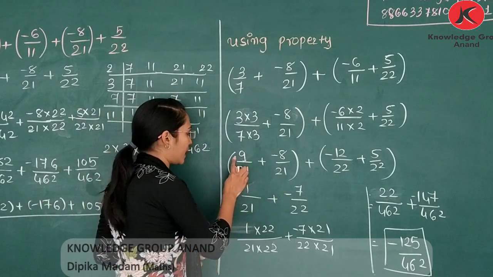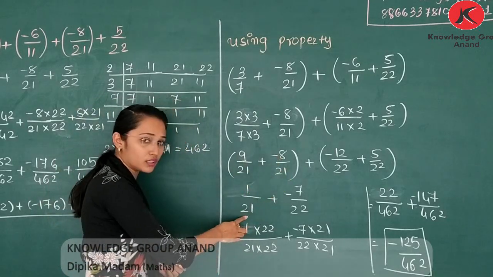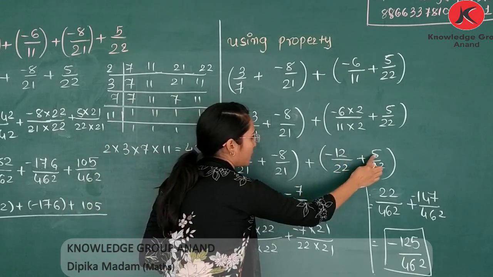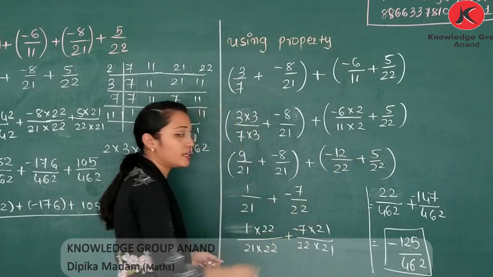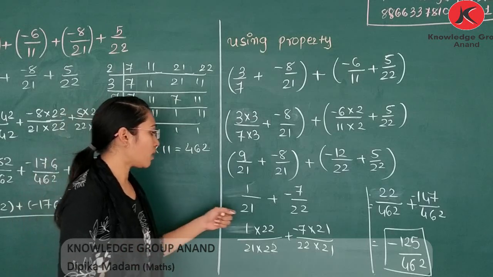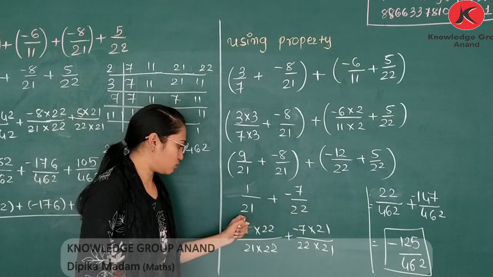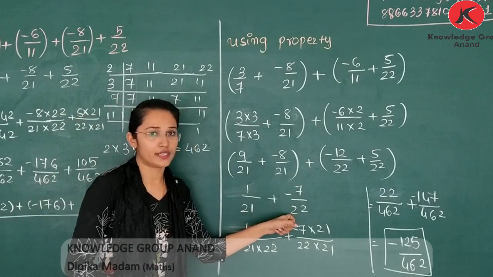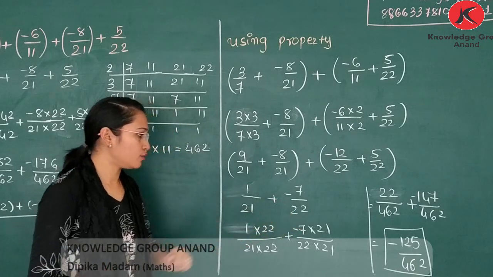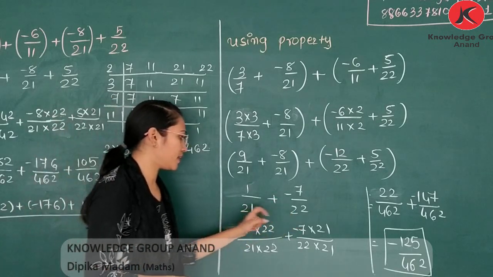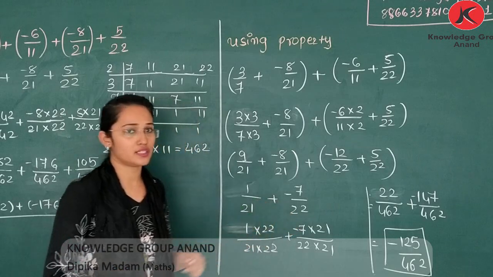The denominator is the same, so 9 minus 8 is 1 by 21, and here minus 12 plus 5 is minus 7 by 22. Now again you can see here is 21 and here it is 22, so again you need to take the LCM of 21 and 22. You get 462.